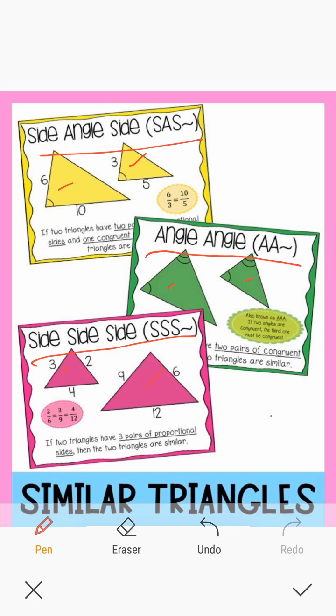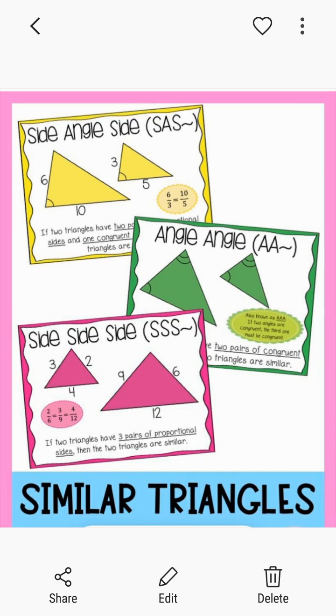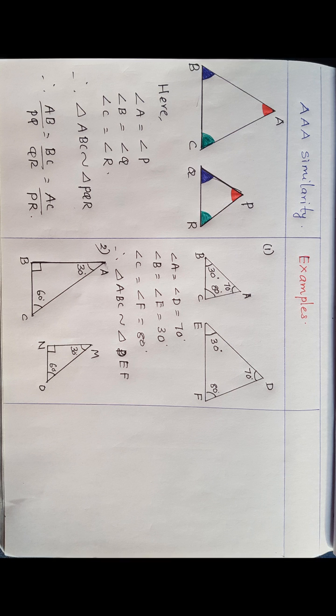Like this, 4 similarity criteria are there. First one is AAA, next comes AA similarity, then SSS similarity, then SAS similarity criteria. Let us see them one by one. Before that, let me say once again, what are similar triangles? Triangles with the same shape but different size are called similar triangles.